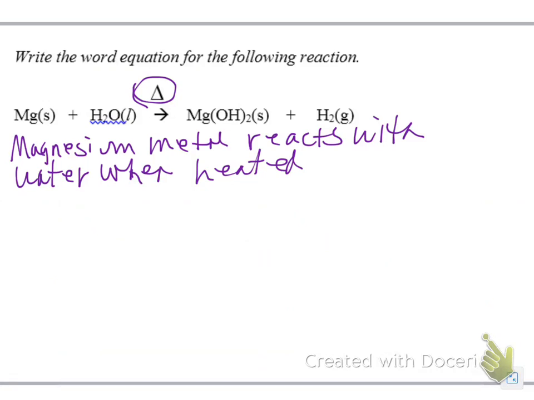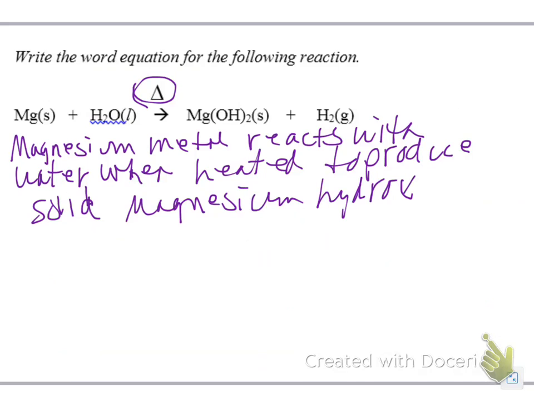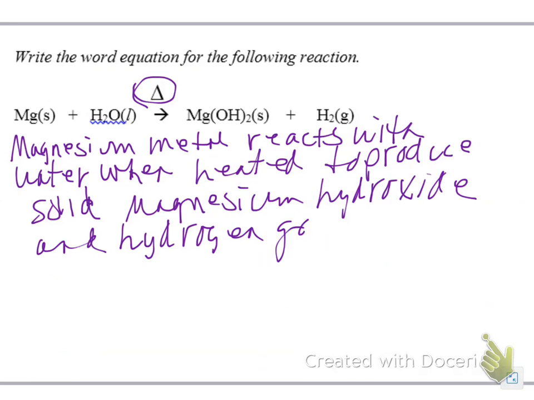So we put it over the arrow. Magnesium reacts with water when heated to produce magnesium hydroxide solid and hydrogen gas. Now, those aren't the exact words you need to use, but you get the idea. I could say hydrogen gas was evolved, or I could say magnesium hydroxide solid.